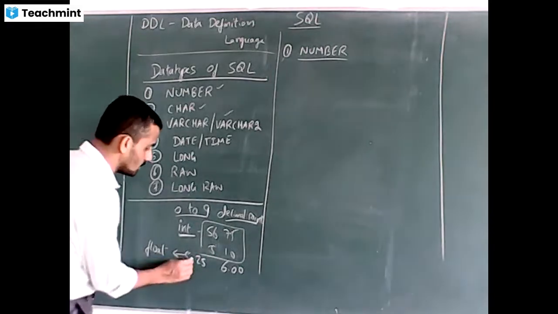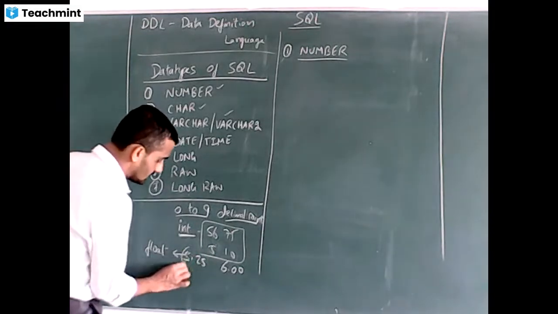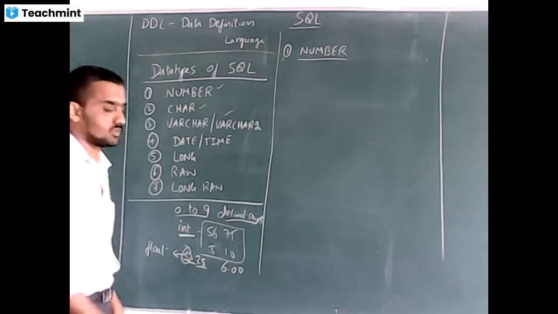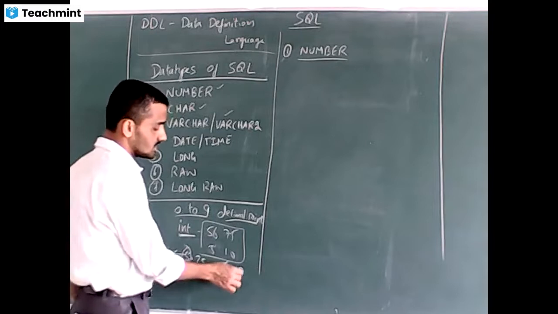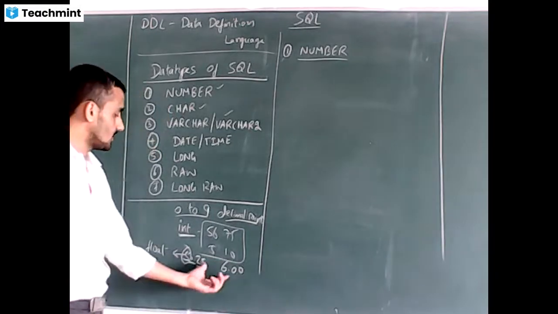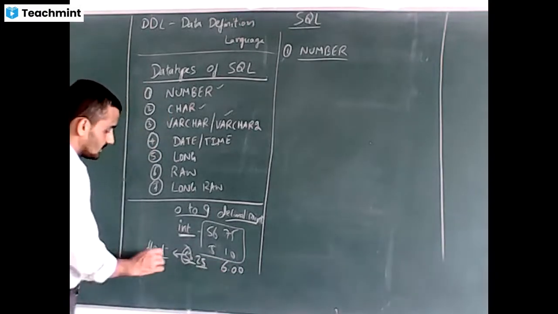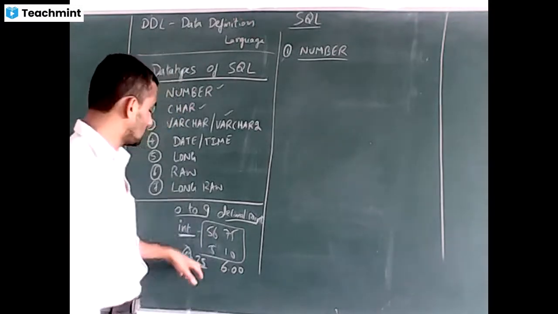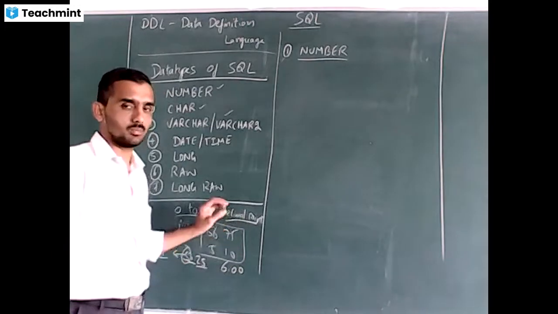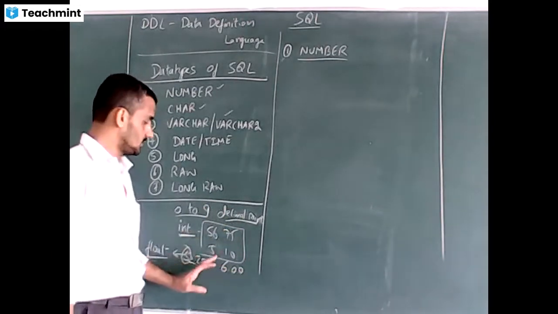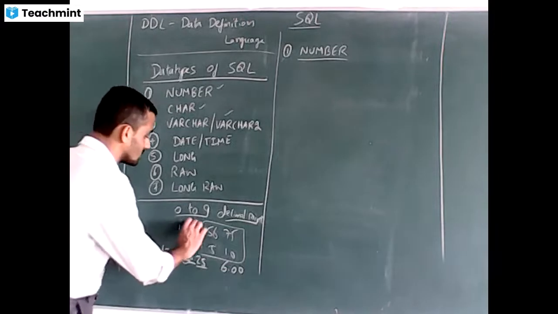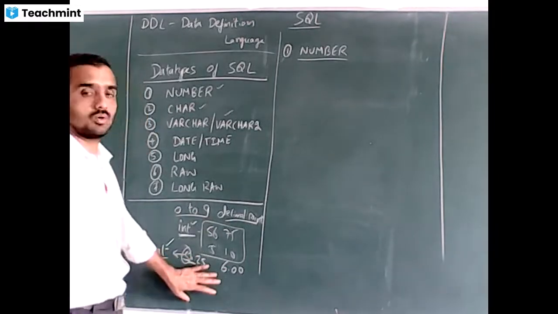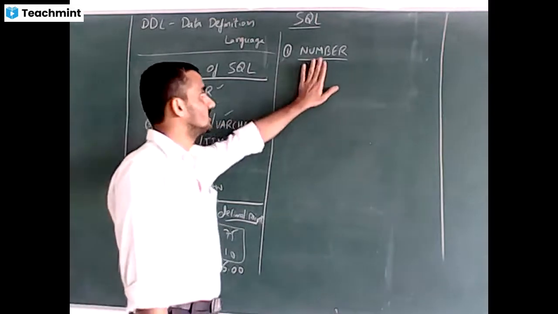But in 5.25, 5 is an integer, there is a decimal point, and 25 is the fractional part. In 6.00, 6 is the integer and 00 is the fractional part. For these types of numbers, we use the data type float, because it contains a decimal point, a floating point number. So two data types are int and float. But in SQL, to store integers and floating point numbers, we have only one data type, that is number.